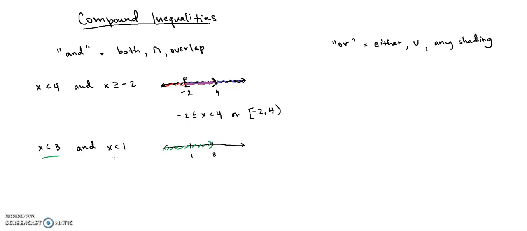And I'm going to have x less than 1, so that's going to go left of 1, and that's also going to have a round bracket. Okay, so where did we overlap? Pick another color here. We overlapped right here.